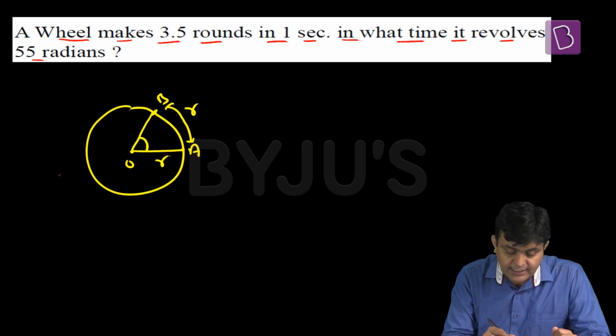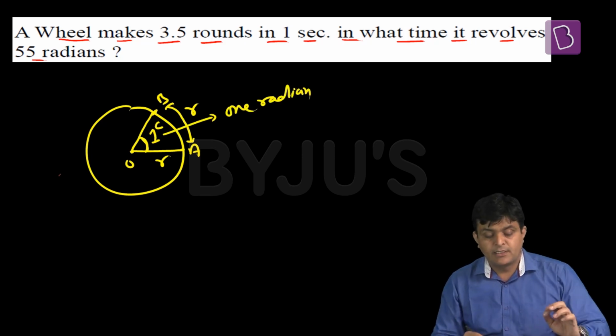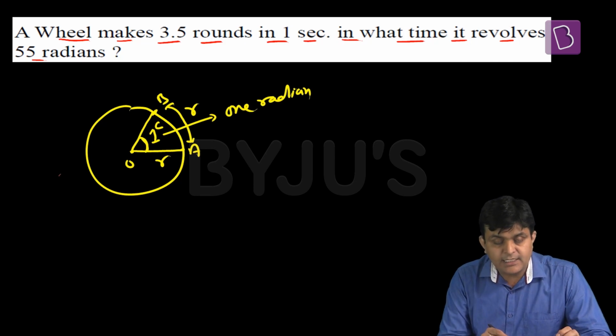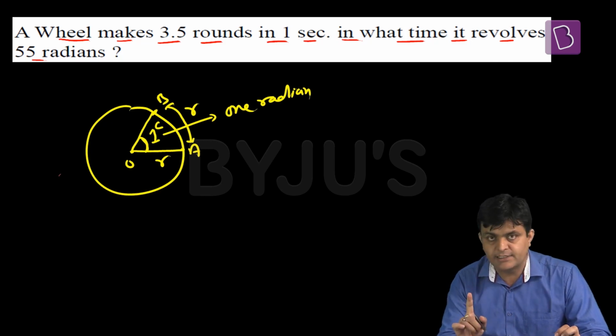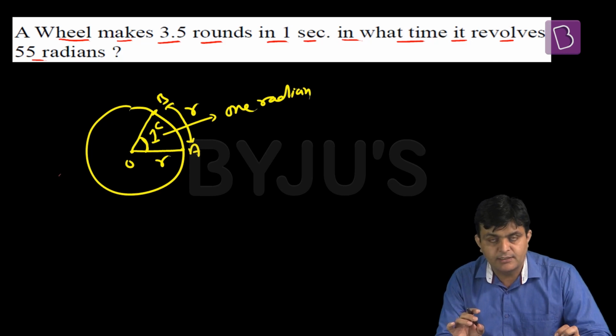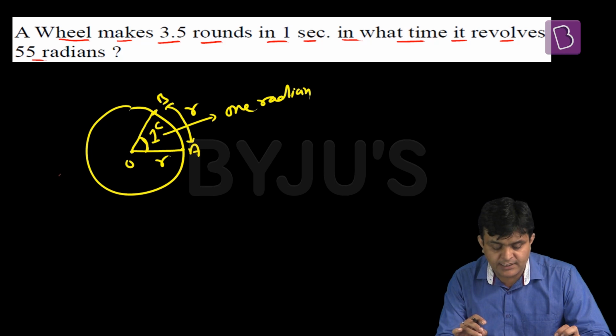So this angle is called 1c, 1 radian. 1 radian means the central angle made by an arc of length equal to the radius of the circle is 1 radian. प्लीज रिमेंबर इट. त्रिज्या जितनी लंबी चाप द्वारा बनाया गया केंद्रीय कोण 1 रेडियन कहलाता है.